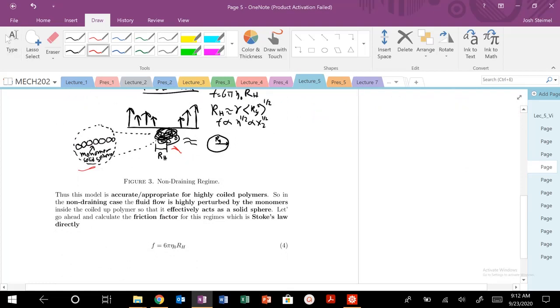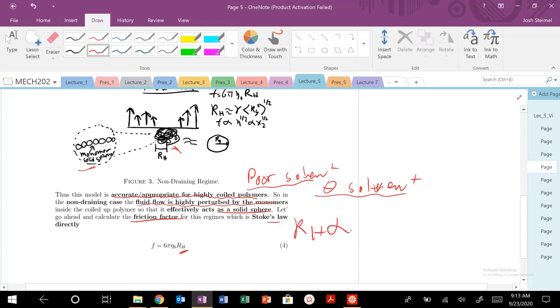This non-draining model is accurate for very highly coiled polymers: poor solvent, and really even theta solvents as well. Anything that's highly coiled, where the fluid flow is highly perturbed by the monomers, as we talked about last time. It's basically blocking, so you could treat it as a solid sphere with an approximate size of our hydrodynamic radius, and we know that RH scales with Rg.